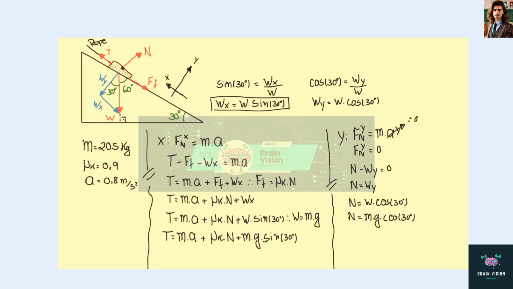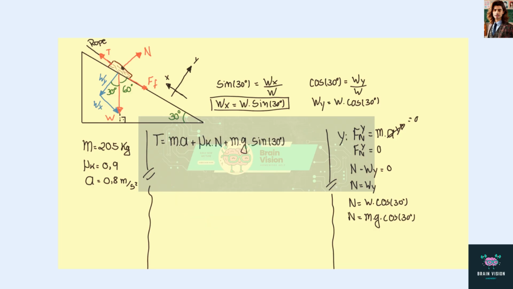Now, let me clear the board so that we can finish solving this question. Okay, so we can exchange the normal force for this expression. Then the tension is given by m times a plus mu k times m times g cosine of 30 plus m times g sine of 30.